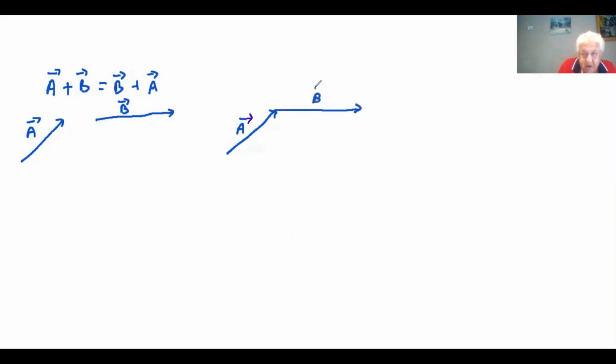It's my vector B. The resultant, as we have said, is from there to there. Now if I do it the other way around, we see that it's two sides of the same parallelogram with the resultant R as a diagonal.